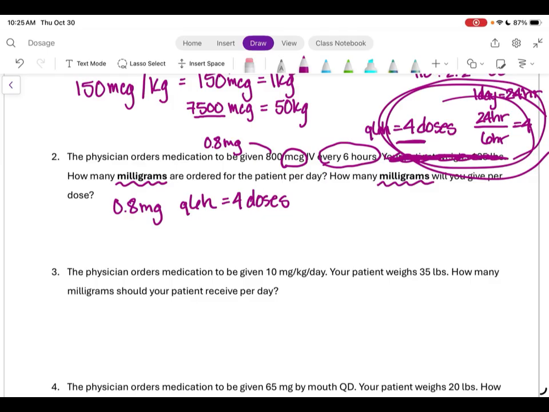So then 0.8 times 4 is 3.2 milligrams per day. And how many milligrams will you give per dose? Well, we already know that because we already converted our micrograms, and it's 0.8. 0.8 milligrams per dose.